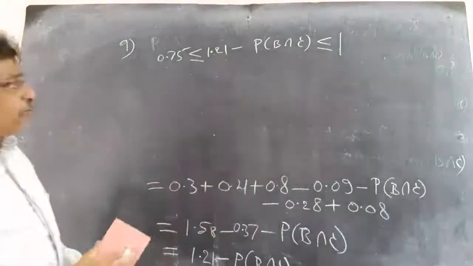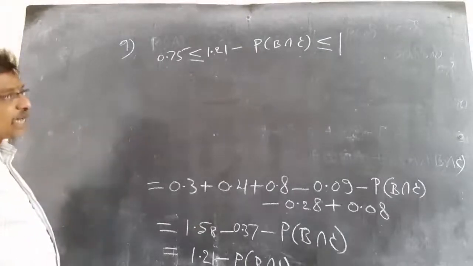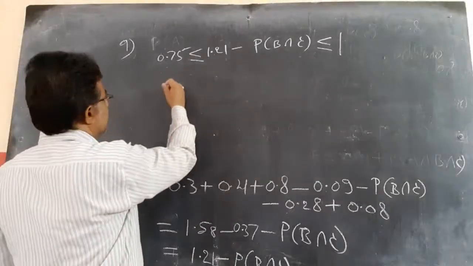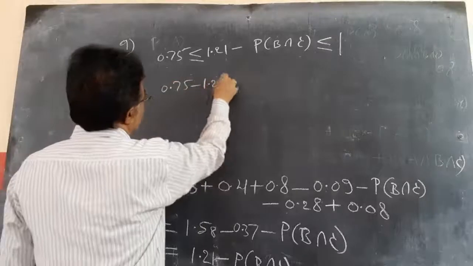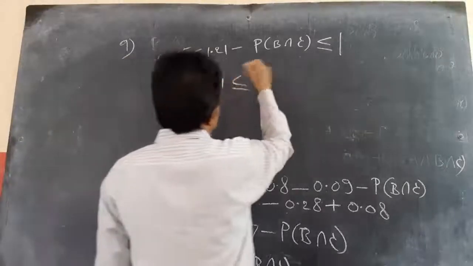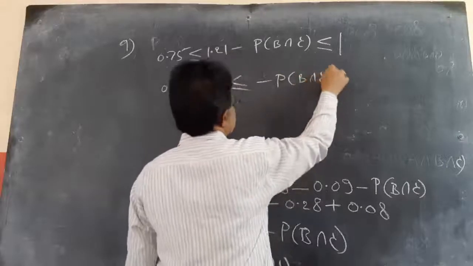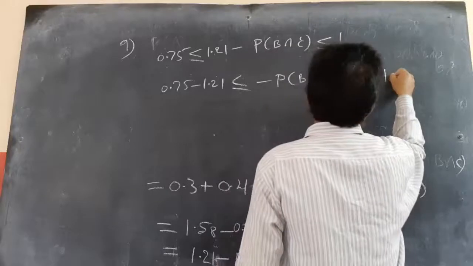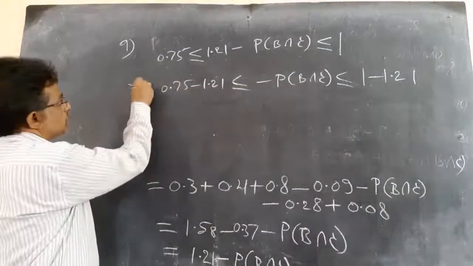Now, if I subtract 1.21 from all sides, the inequality does not change. Means 0.75 minus 1.21 less than or equal to, 1.21 gets cancelled, minus P of B intersection C less than or equal to 1 minus 1.21.